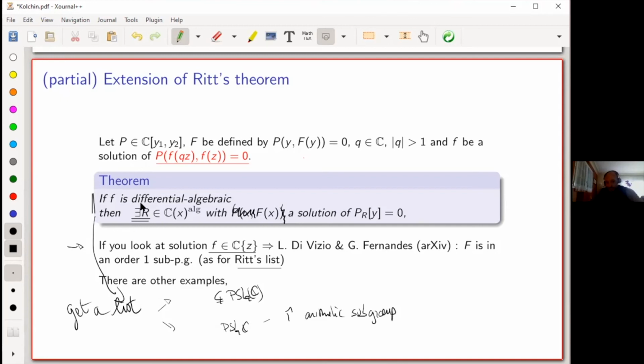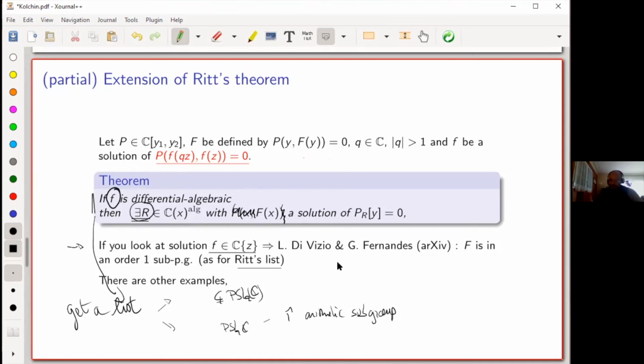Even if I impose something on F, I'm not able to translate on F the hypothesis I need on R. Otherwise, I would have a weak extension saying that if I take a solution of this equation that is differential algebraic plus some additional condition, then I have a list.